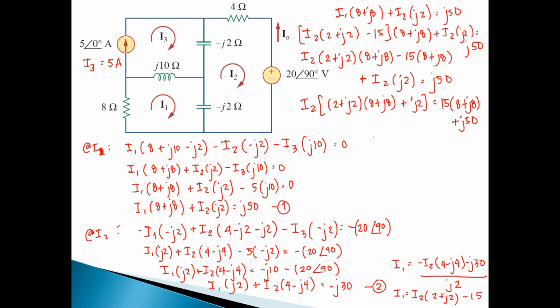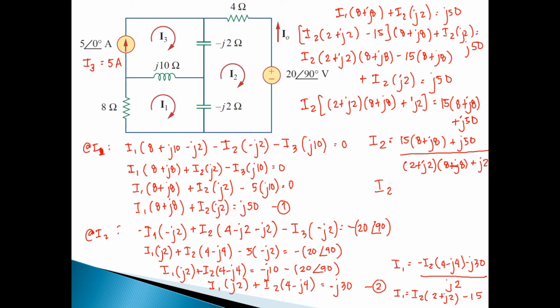So I2 now, simplified, is 15 times 8 plus j8 plus j50, all over 2 plus j2 times 8 plus j8 plus j2.